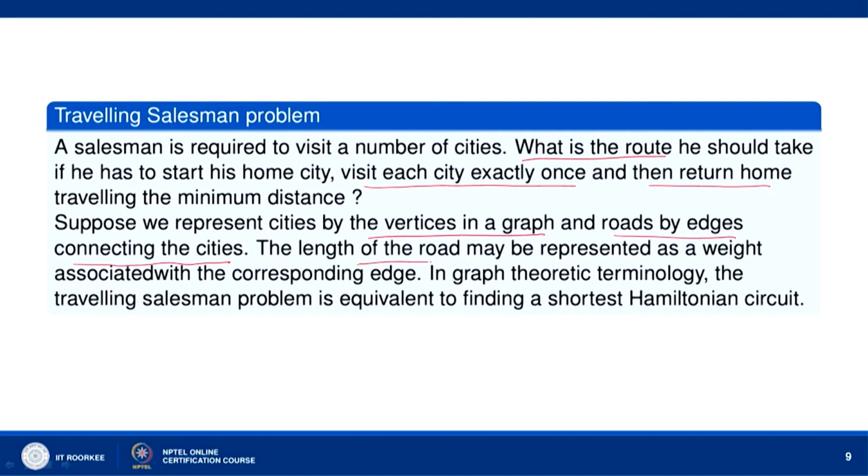The length of the road may be represented as a weight associated with the corresponding edge. In graph theoretic terminology, the travelling salesman problem is equivalent to finding a shortest Hamiltonian circuit. A Hamiltonian circuit, or Hamiltonian cycle, is a cycle which visits each vertex exactly once.